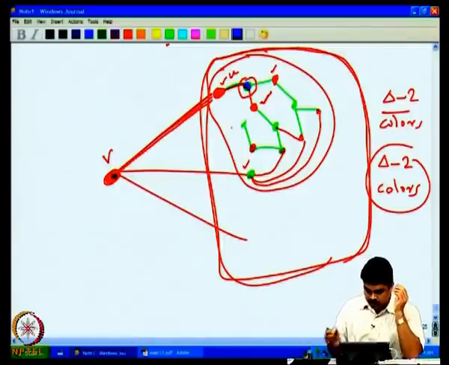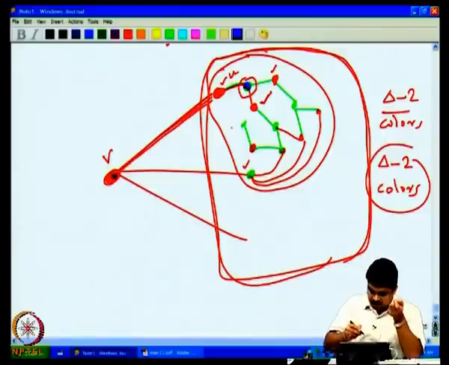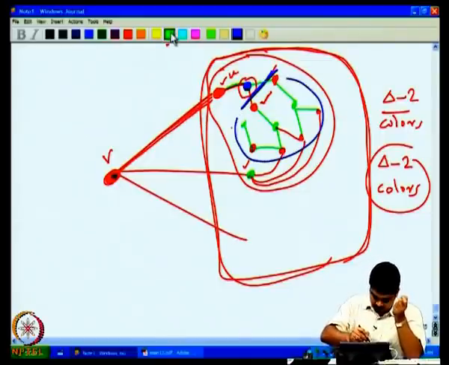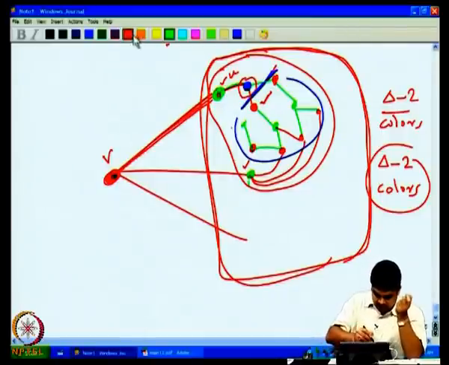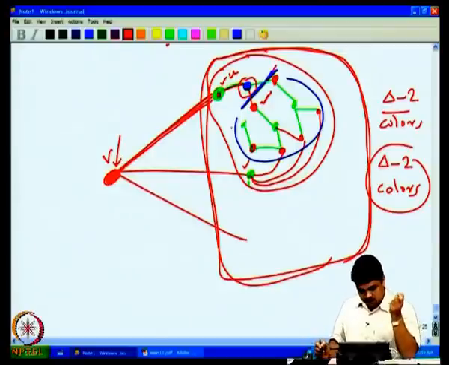blue, then there is no problem, this gets disconnected from the rest of the red green thing, so I can safely change this to green. So this and this will become green, so now the red will be free for giving to this, so red can be given to this now, right?